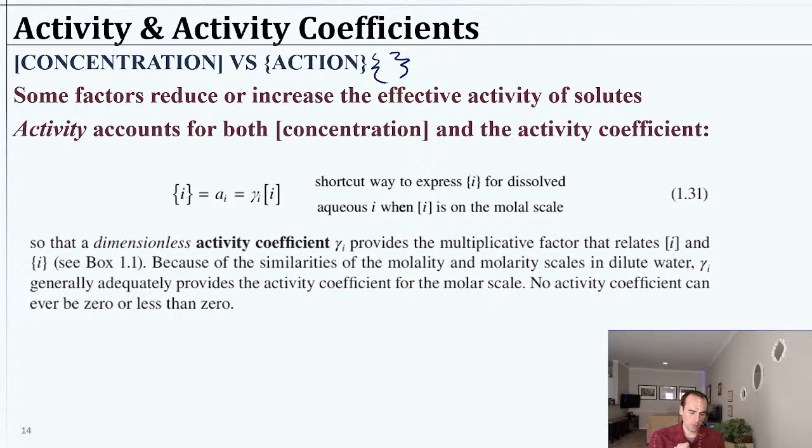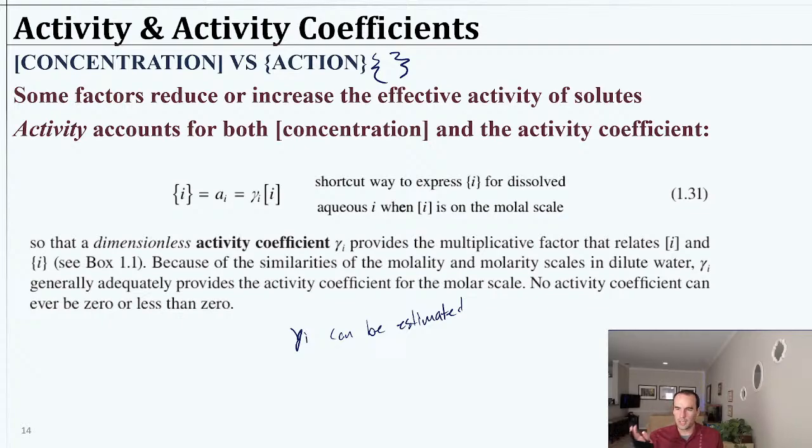So we're going to, next time, look at a few options of how to calculate this gamma I. We'll just say it can be calculated or estimated. A lot of times we'll use ionic strength, so what's the total amount of ions in solution, to get some approximation for that to do our chemistry calculations.